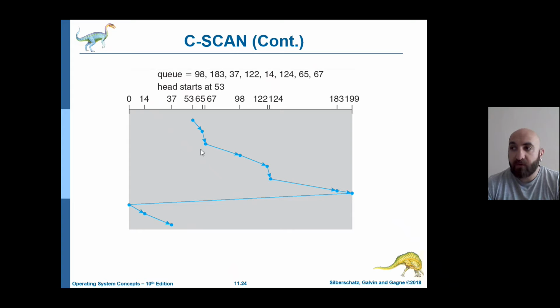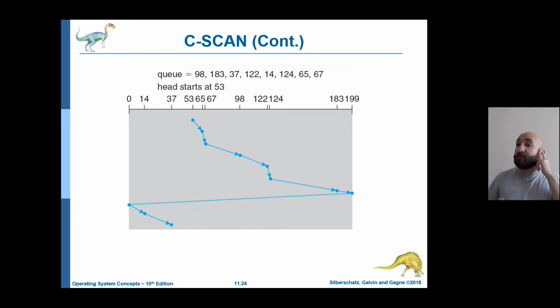We are going to serve the requests along our way from the initial point to 199. But when we reach the end, instead of returning with service, we are going to immediately return to the other end without any servicing. And then we are going to continue to serve requests in the same way again.